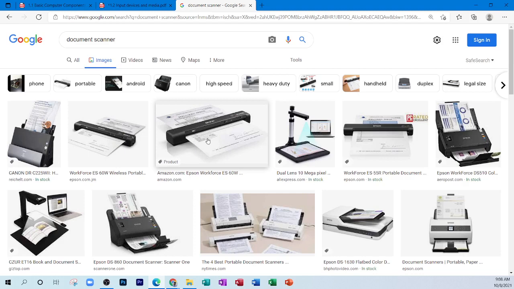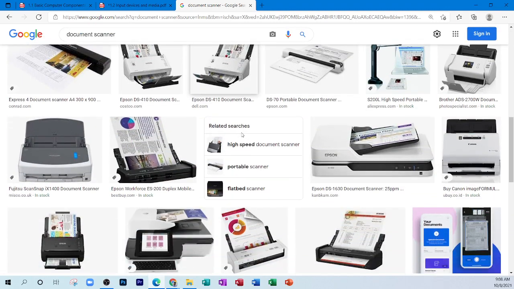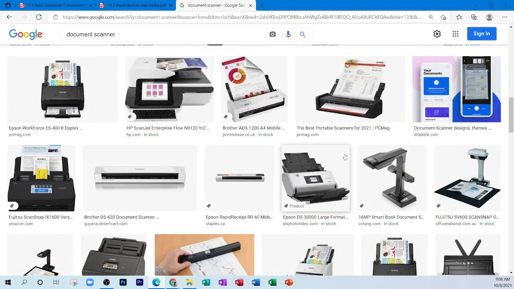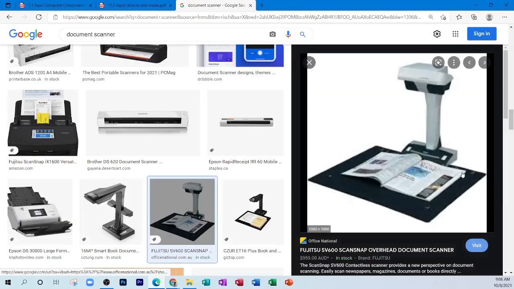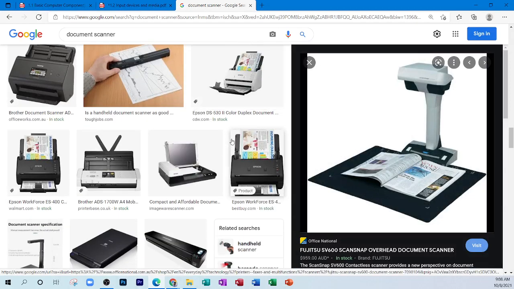Some would pass the document through what looks like a bar here. Some would be what we call a flatbed. So the document would lie down on a flat surface and it would get scanned.